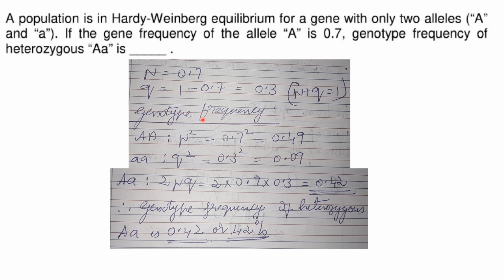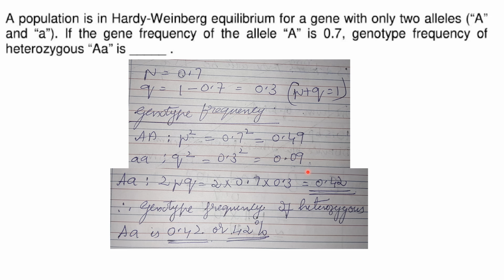Now genotype frequency, there is a formula P square plus Q square plus 2PQ is equal to 1. What is P square? The genotypic frequency of capital A. That is 0.7 square is equal to 0.49. For Q square, it will be small a, it will be 0.3 square, that is 0.09.